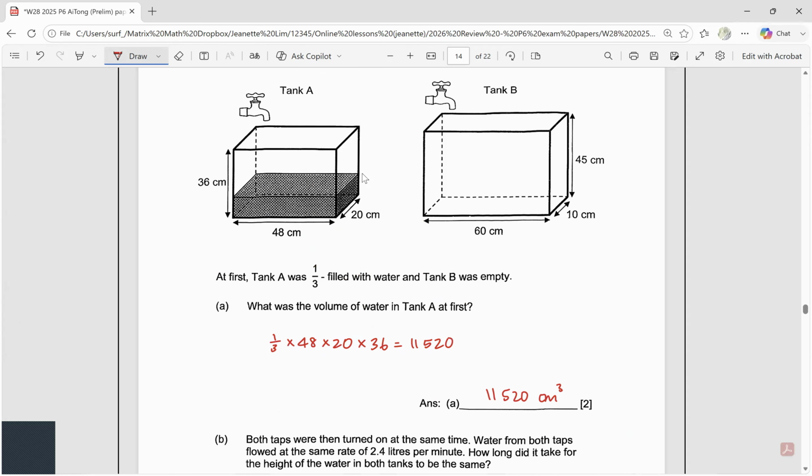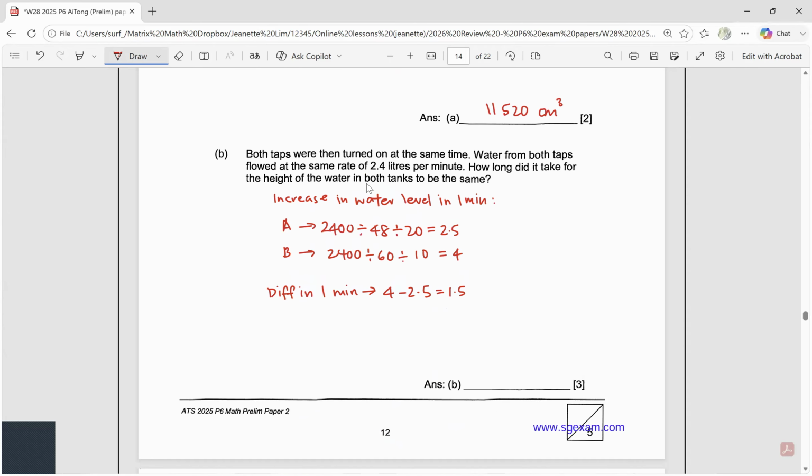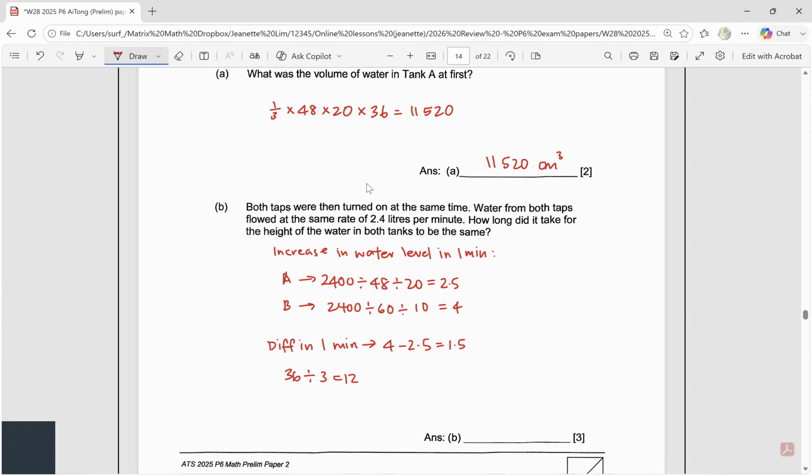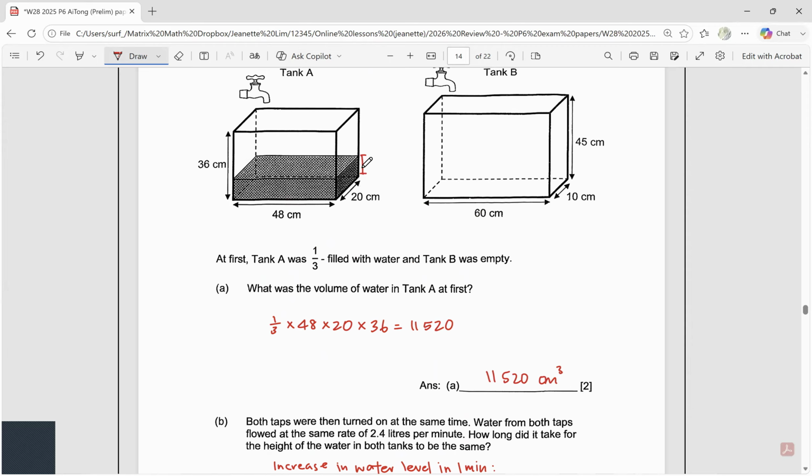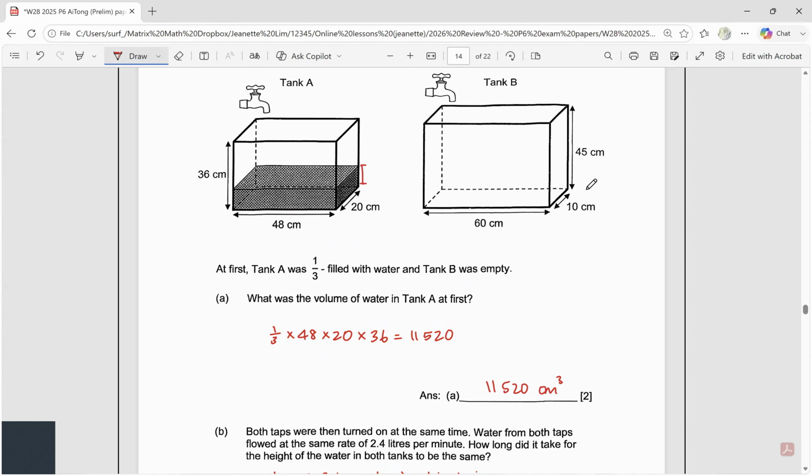Now, this original height here is 1/3 of 36. Okay, so 36 divided by 3, which is 12 cm. So A already started with 12 cm of water level. Now for B, right, every minute it catches up by 1.5 cm.